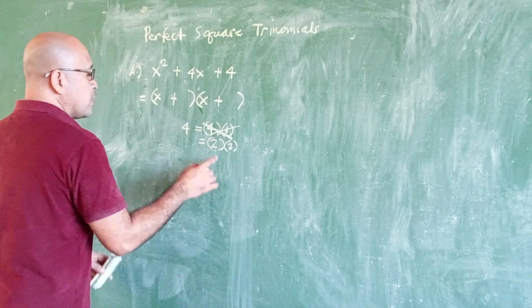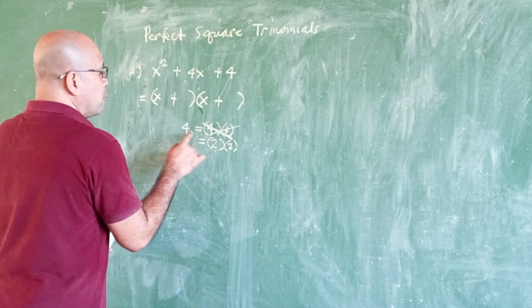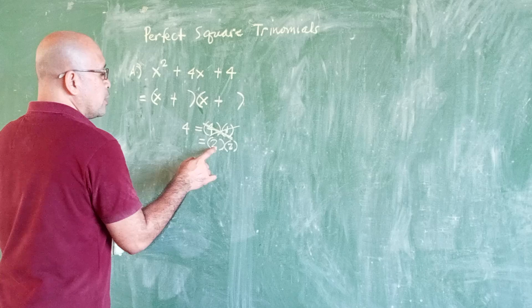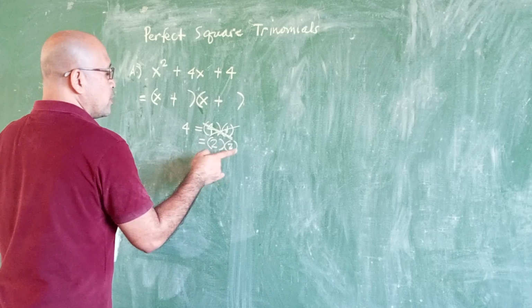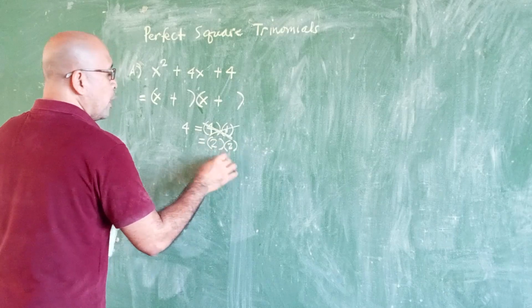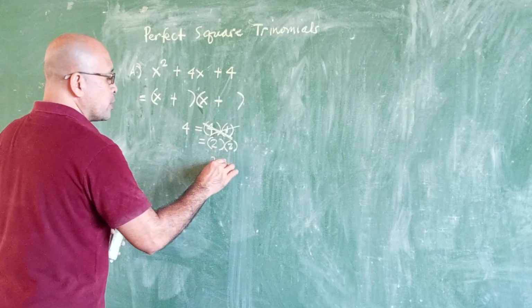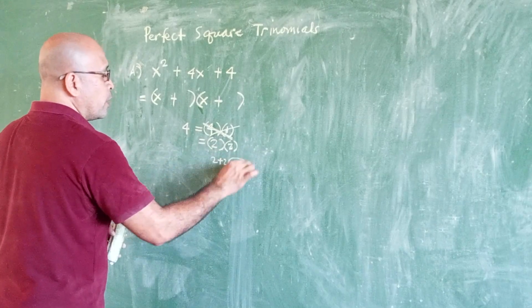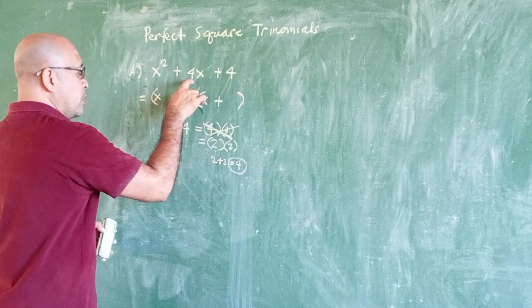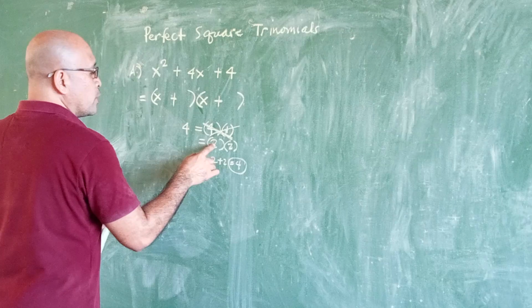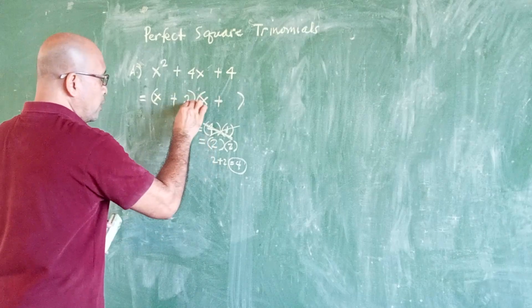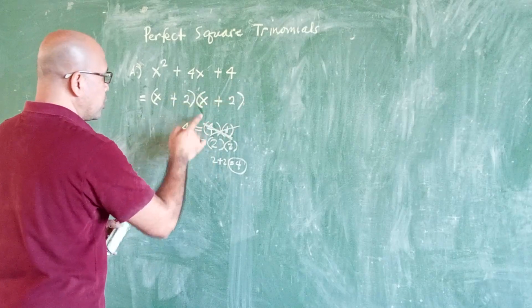The next option will be the factors of 4, which is 2, the product of 2 and itself, which is 2 also. And when you add 2 plus 2, that is exactly 4, which is exactly the coefficient of the middle term. Therefore, you consider 2 here as the last term of your factor.